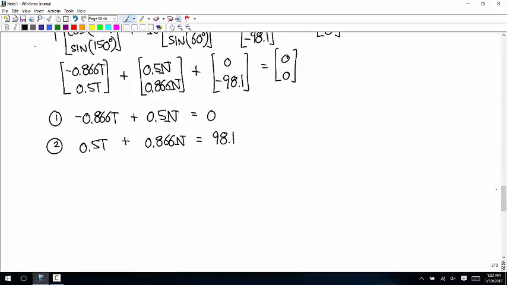reduced row echelon form. So we're going to set this up in a matrix form.